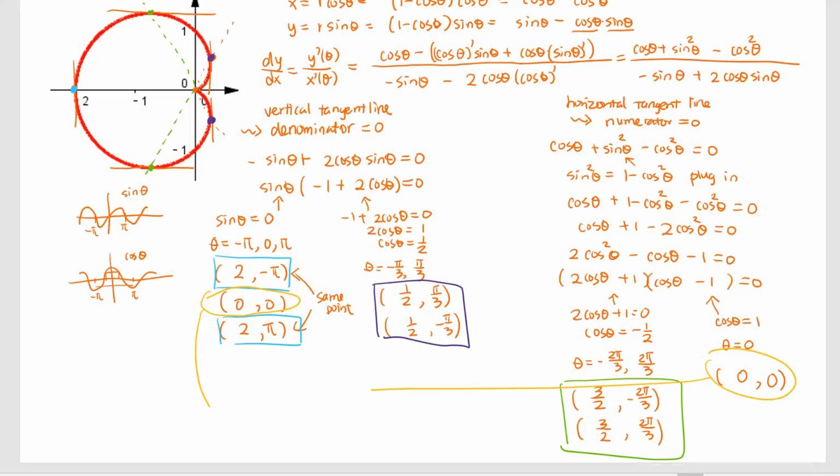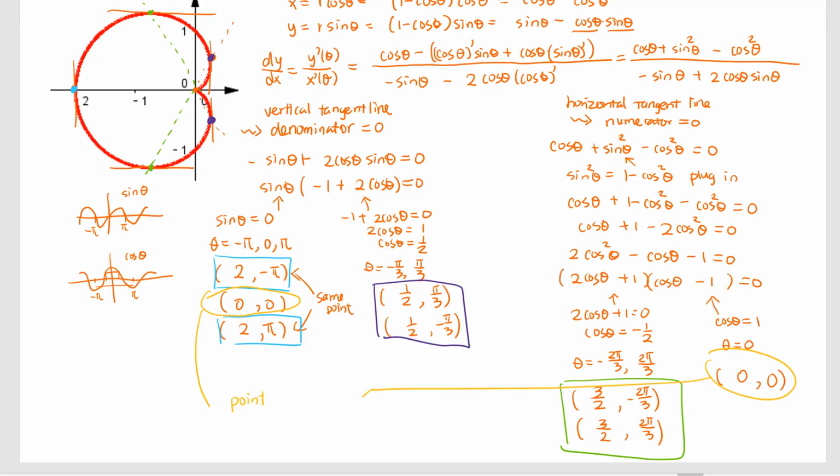Okay, so here, it's like when you go over this graph, and your point goes from minus pi to pi, right?